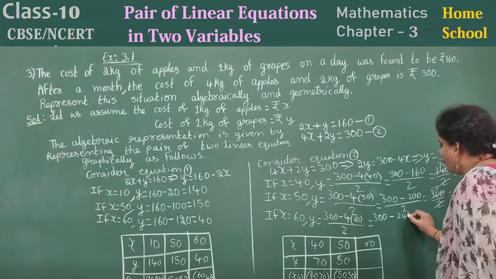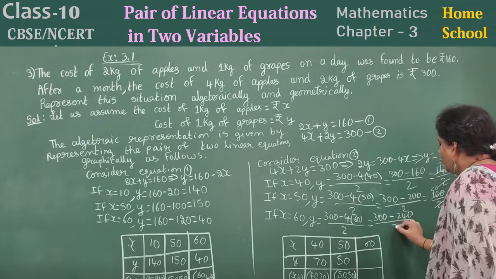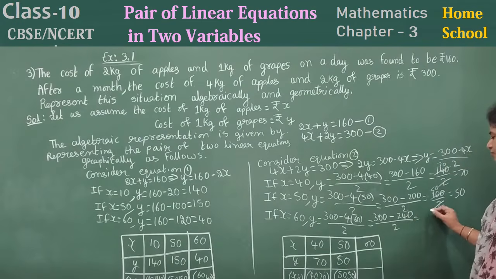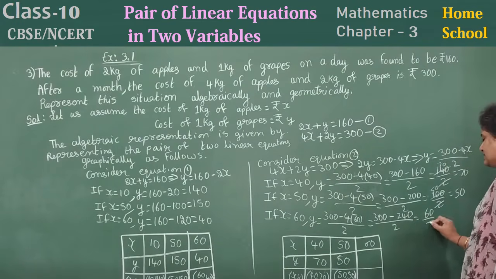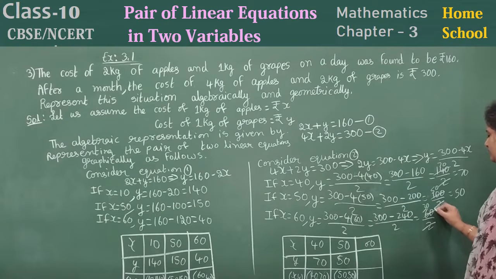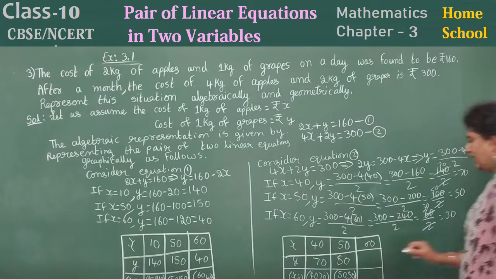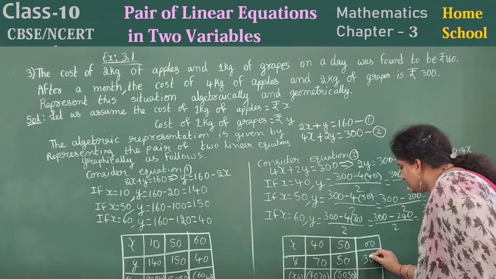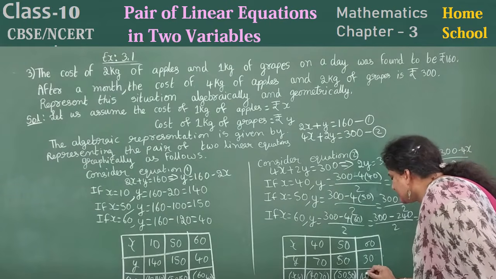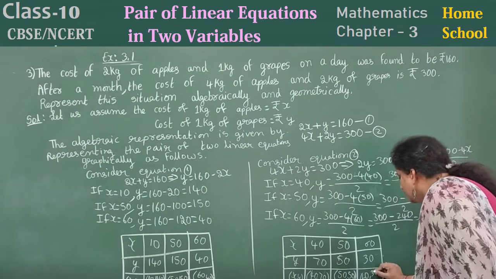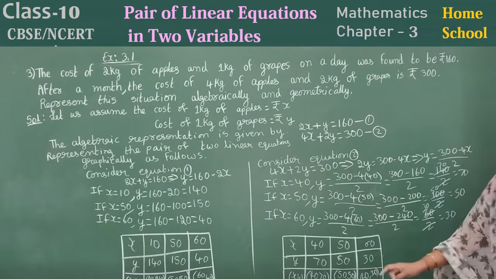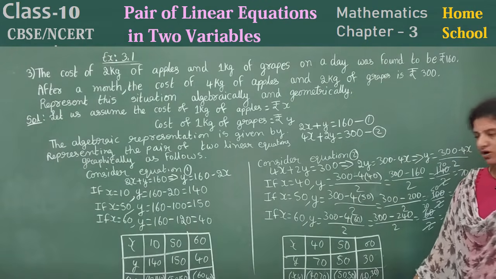That means 240 by 2. 300 minus 240 will be 60. 60 by 2 will be 30. That will be 60 means 30. Your coordinate is 60, 30. Okay, like this we need to solve, children.